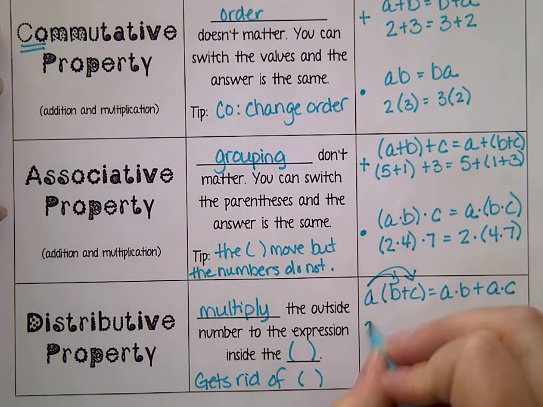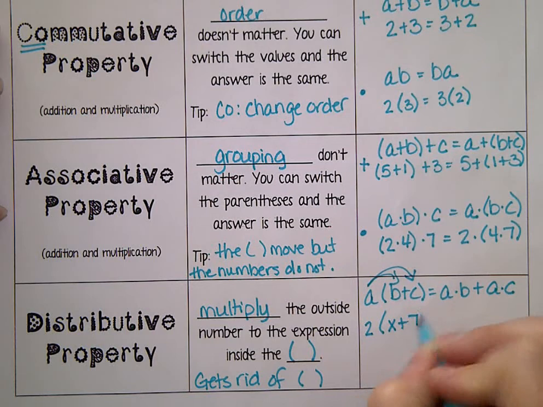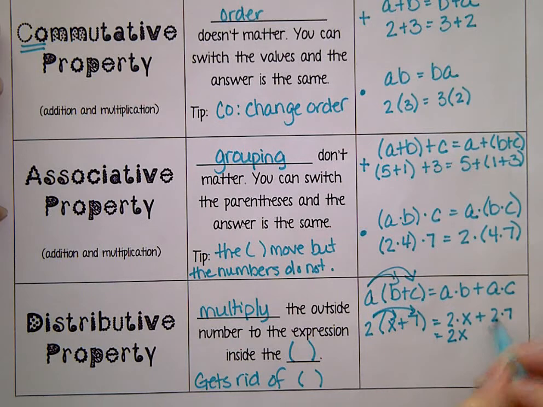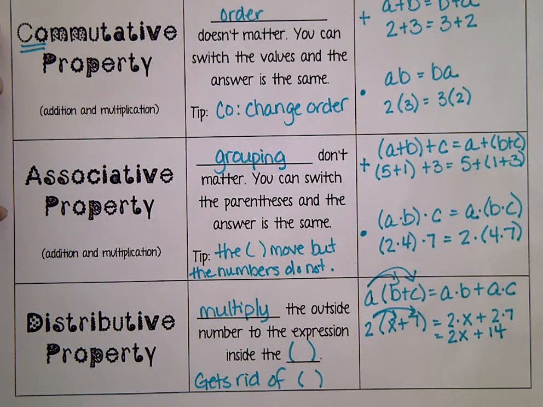2 times the quantity x plus 7 is equal to 2 times x plus 2 times 7. 2 times x is 2x, and 2 times 7 is 14. One more.